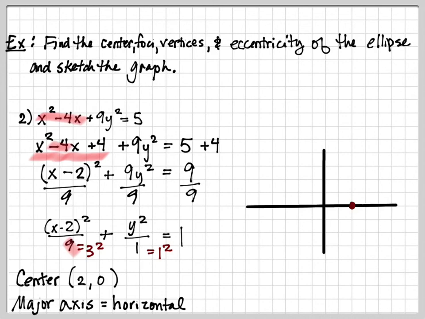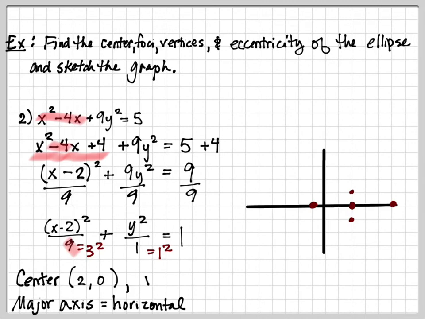So that actually tells me which way I go. It's the x direction. So I will go 3 to the left and 3 to the right, like so. And then the number under the y tells me how far up and down I go. That doesn't give me vertices, but it does help me to be able to graph this in a moment. So I have these 2 pieces. I don't have them written down yet, but I certainly can.